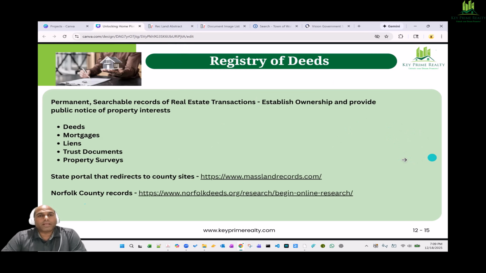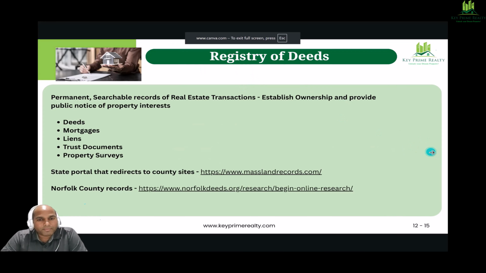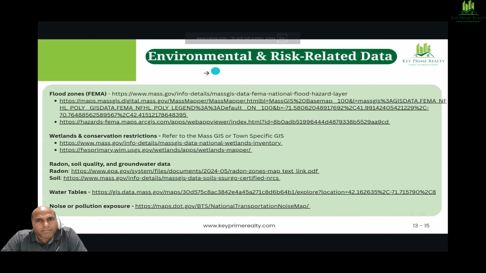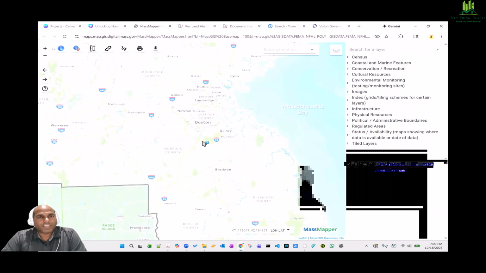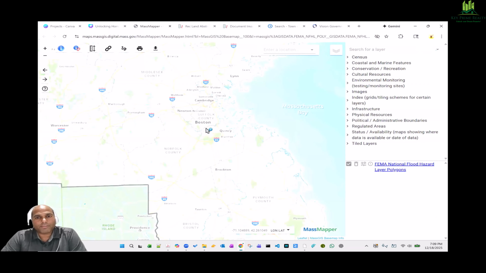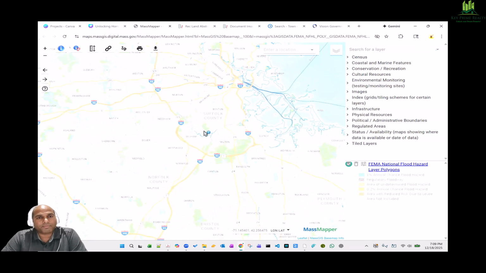So anybody who is looking at a property should go to the registry of deeds and look at all these public records. Then we have environmental risk related data, I know, flood zones. It's amazing how much freely available data is available here.